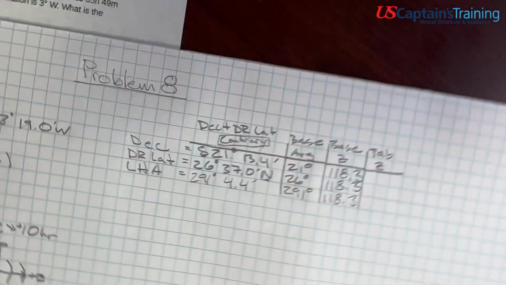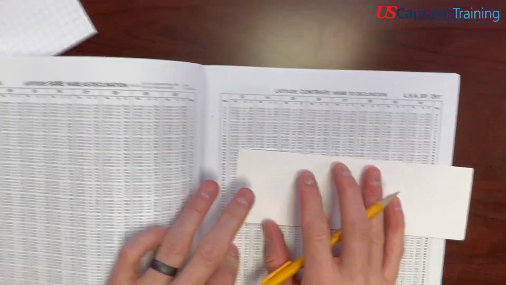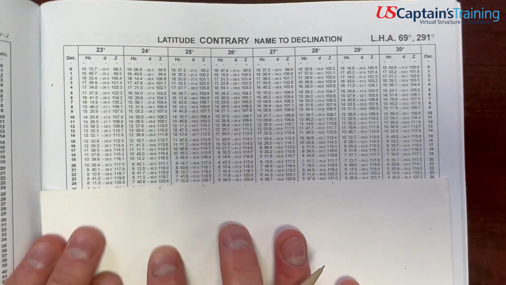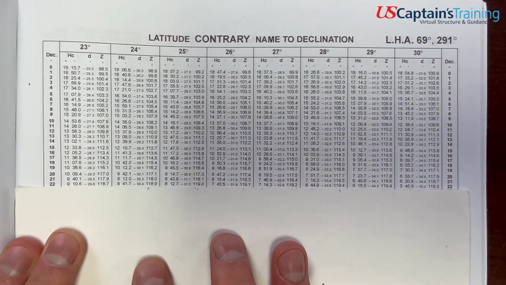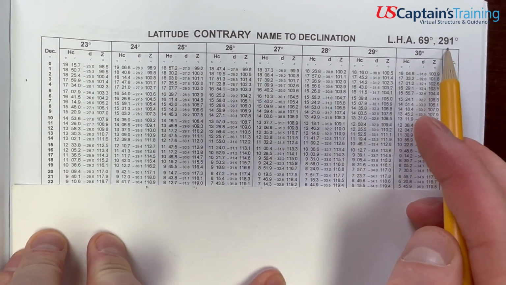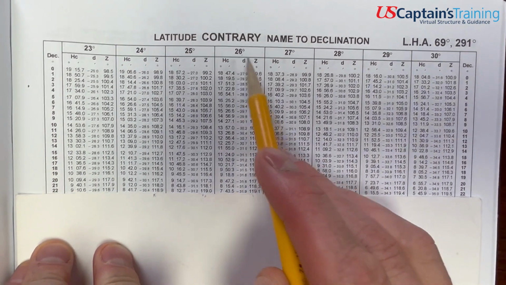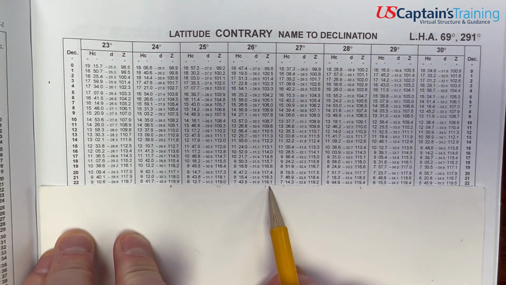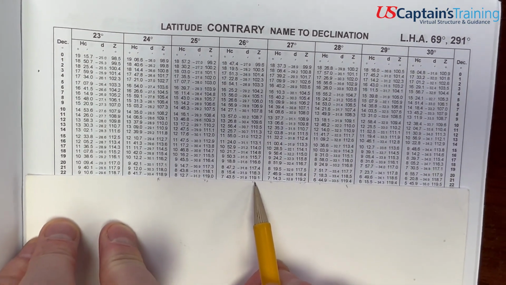So let's do that. So first we'll bump the declination up by 1, so it's 22. Underline the 22. And now we're contrary 291, 26, Z column down to 22, 119.1.